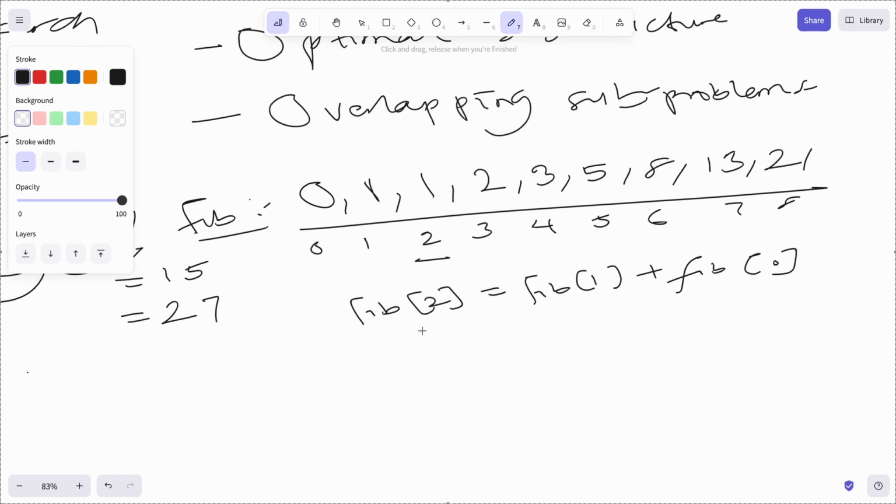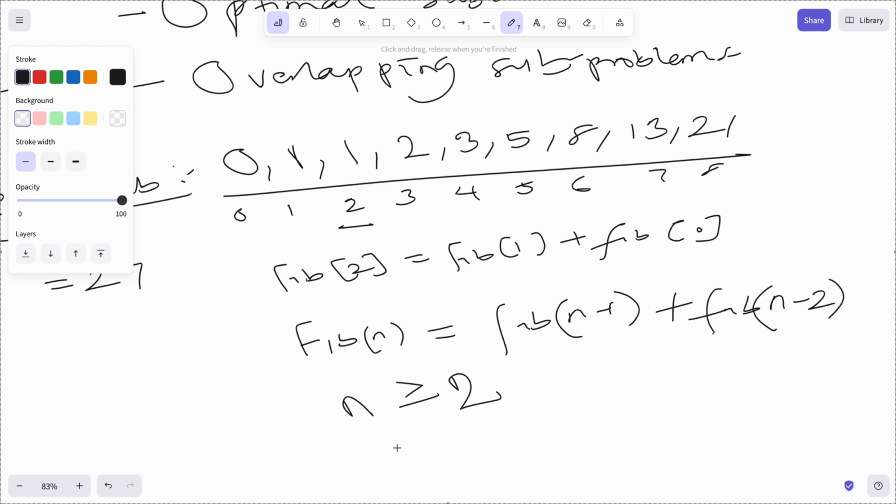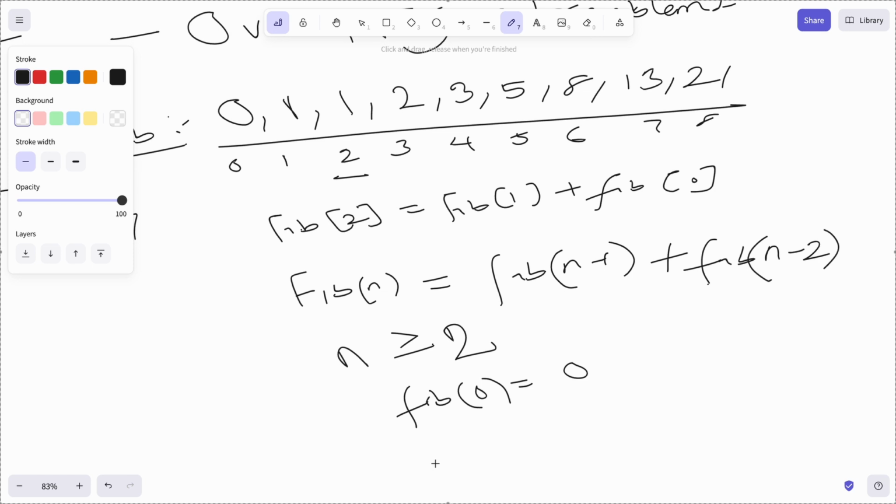So for any hypothetical n, fib of n can be expressed as fib of n minus 1 plus fib of n minus 2. A very important point is that n has to be greater than or equal to 2, and fib of 0 is 0, fib of 1 is 1.